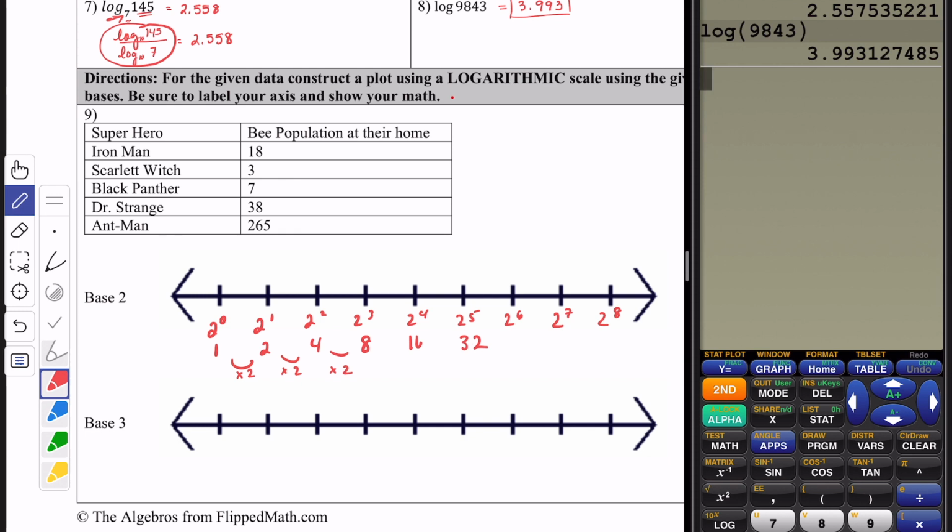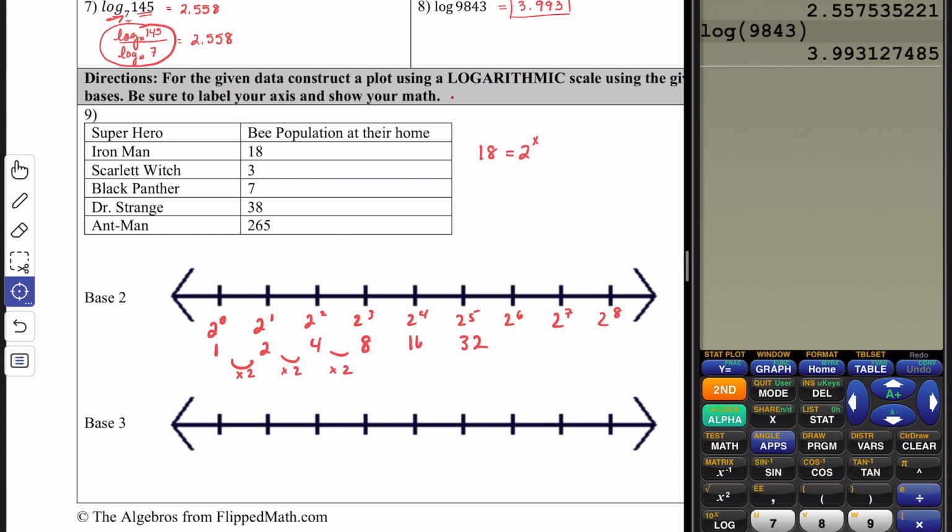So the easiest way to do it is just say 18 and rewrite 18 as 2 to some power, and then you know exactly where it sits on your logarithmic graph. Like if it's 2 to the first, you'd say, oh, it goes right there. If it's 2 to the second, it goes right there. If it's 2 to the 0.5, that would be somewhere right smack dab in the middle of these two.